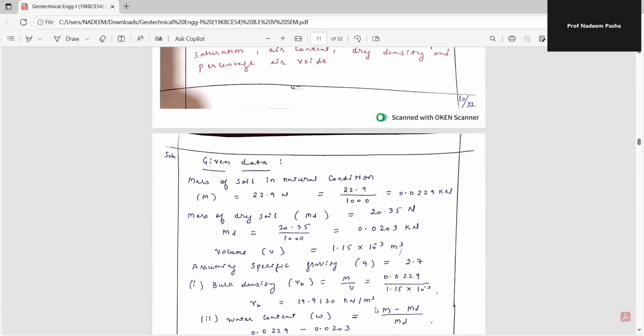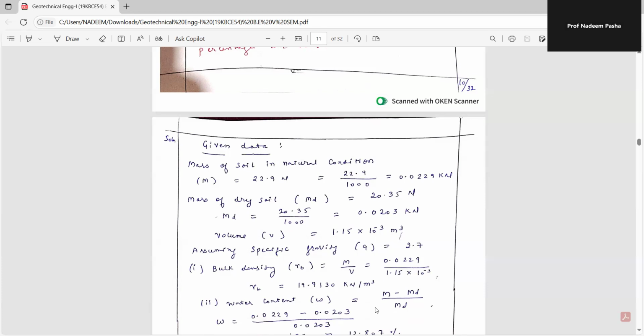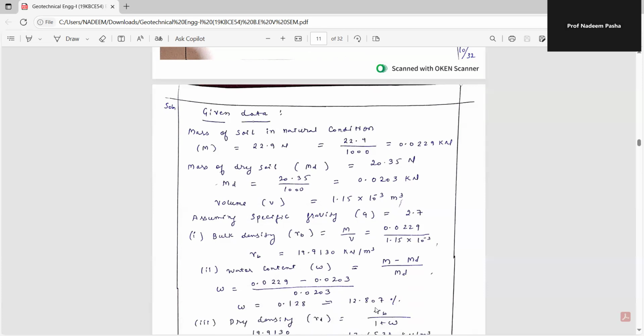And water content W is equal to M minus MD by MD. Capital M is 0.0229 minus 0.0203 divided by 0.0203. So your water content comes out to be 0.128 or 12.807%.